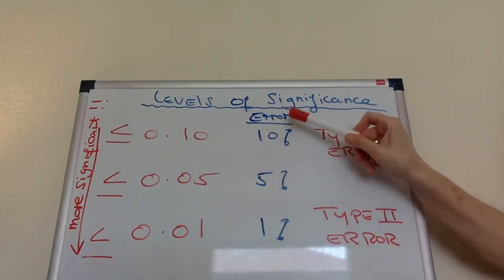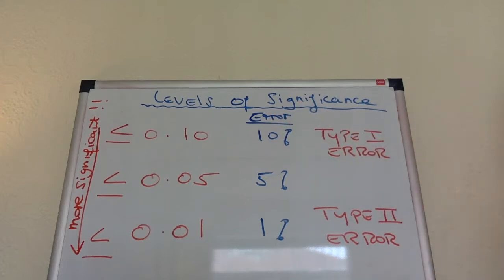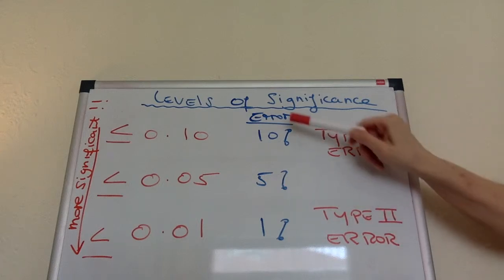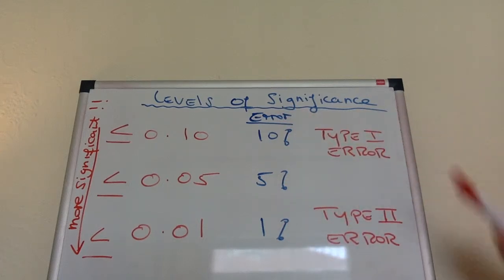You need to learn how much error there might be. Now, these errors, type 1 and type 2 errors, are not about this. They're completely different. These are what would be the worst case scenario if you went ahead to publish your research and you did not have a real finding.